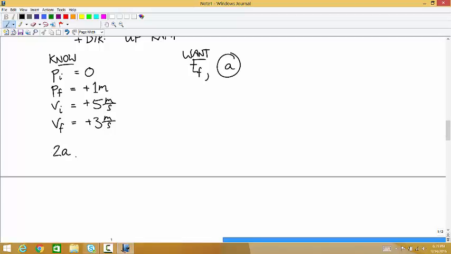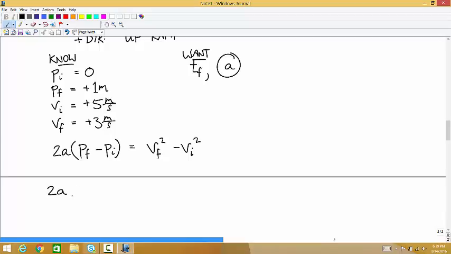Yeah. 2A times the quantity PF minus P initial is equal to VF squared minus V initial squared. So 2A times the quantity 1 meter minus 0 is equal to 3 meters per second, all squared, minus quantity 5 meters per second squared.